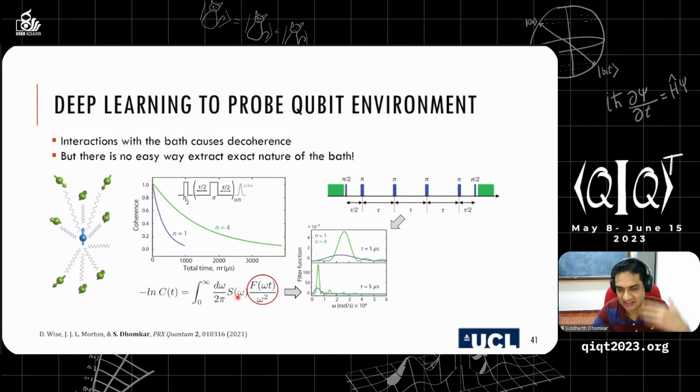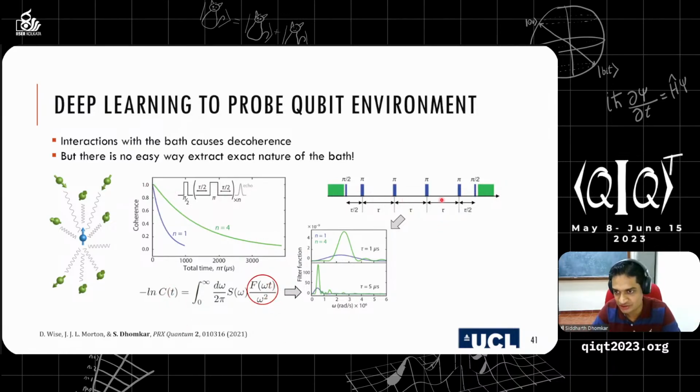This is the noise spectrum, a property of the environment. And this is related to the Fourier transform of the sequence that you're implementing to get this particular experimental result.